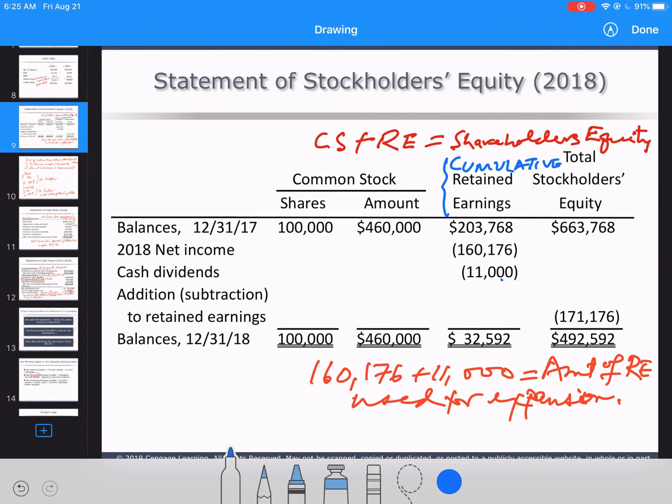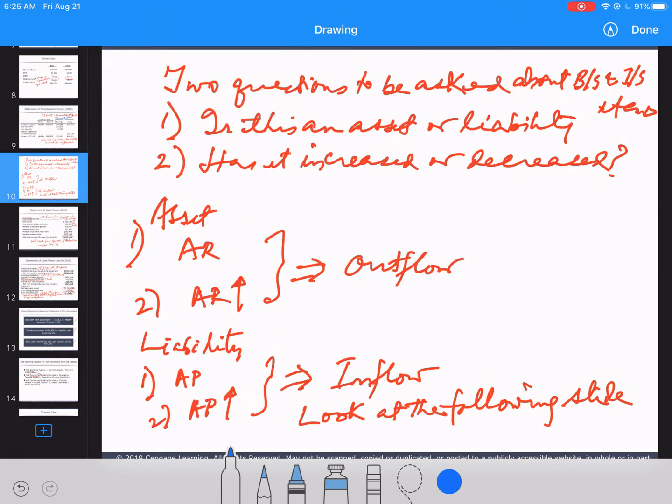But this company has negative earnings, which is 160,176.